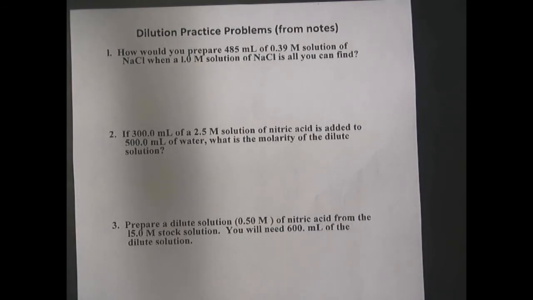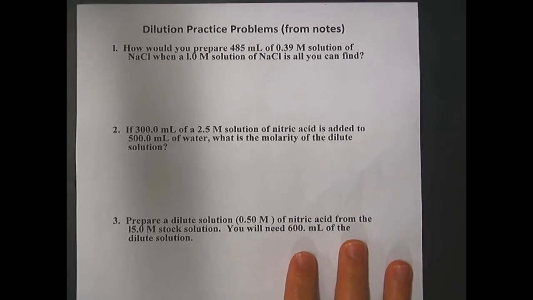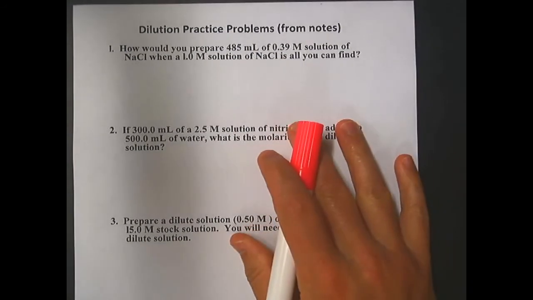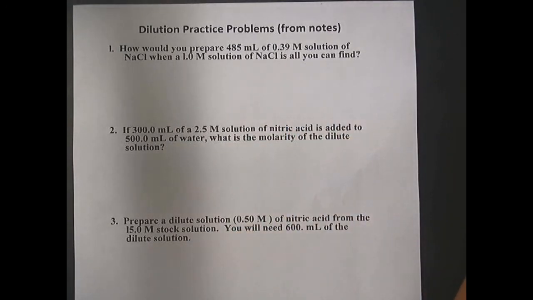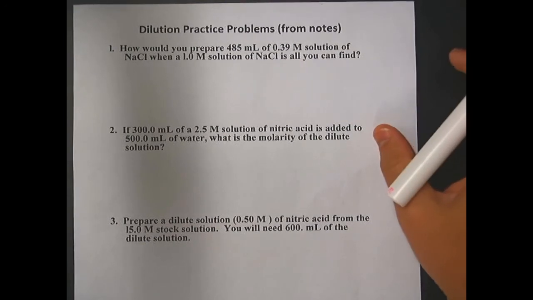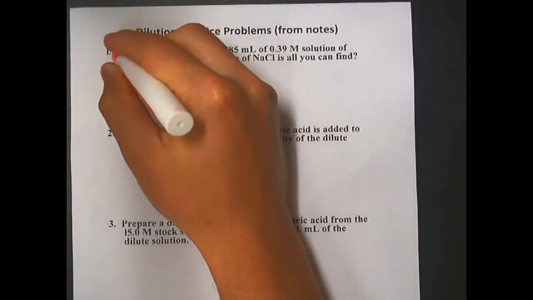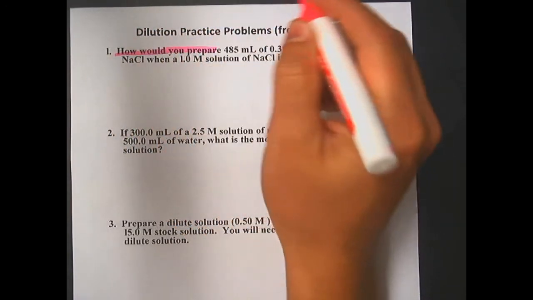So, the real question is, how do you know you're dealing with a dilution problem? How will you know that it's an M1, V1, M2, V2 problem? Well, oftentimes the word dilute or dilution will be used in the question. Sometimes it won't. Just look for words where it's basically saying, how would you prepare? How would you make?